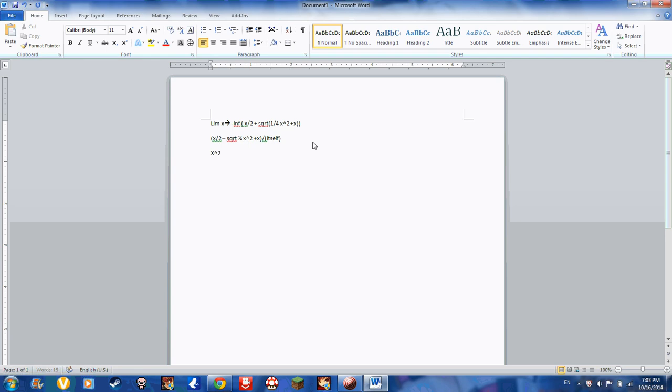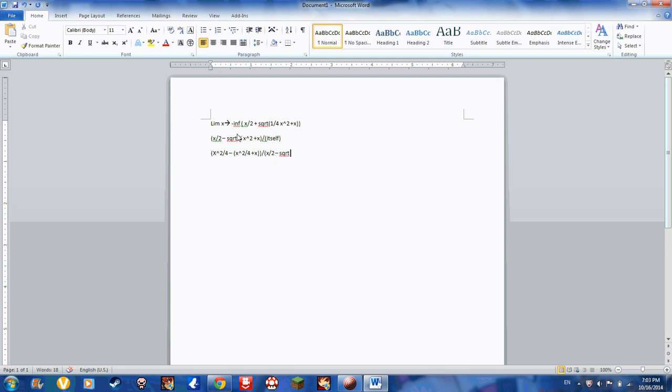X squared over 4 minus x squared over 4, since 1/4 x squared is x squared over 4, plus x. And this entire thing is all over x over 2 minus the square root of 1/4 x squared plus x.